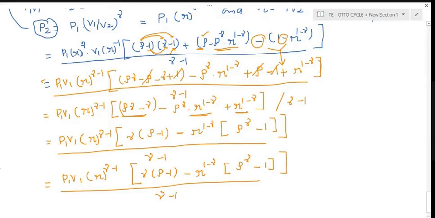So this is the work done calculation for the diesel cycle. Okay, maybe this is equation number 6, I think so. So this is the simplified equation for work done of the diesel cycle.